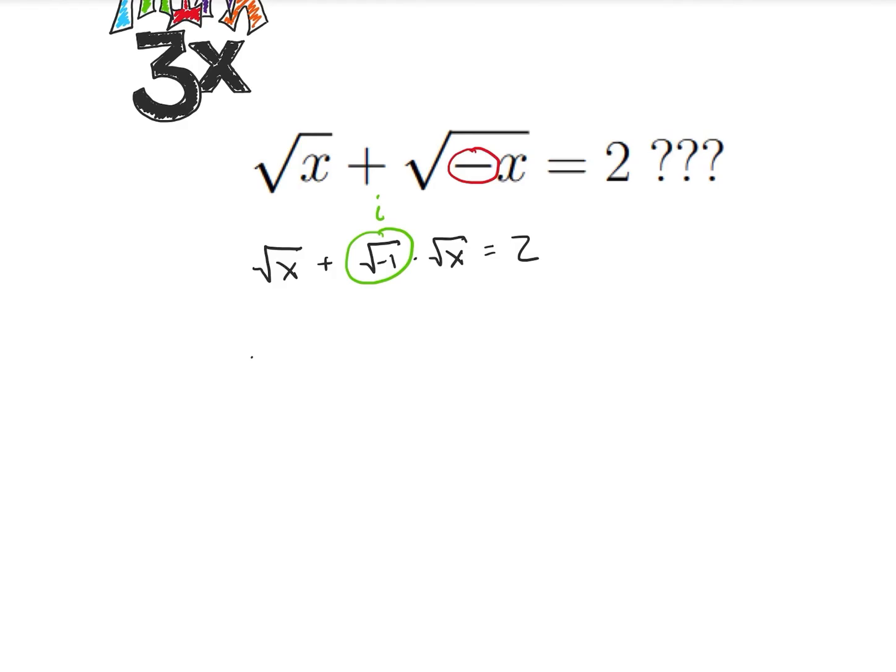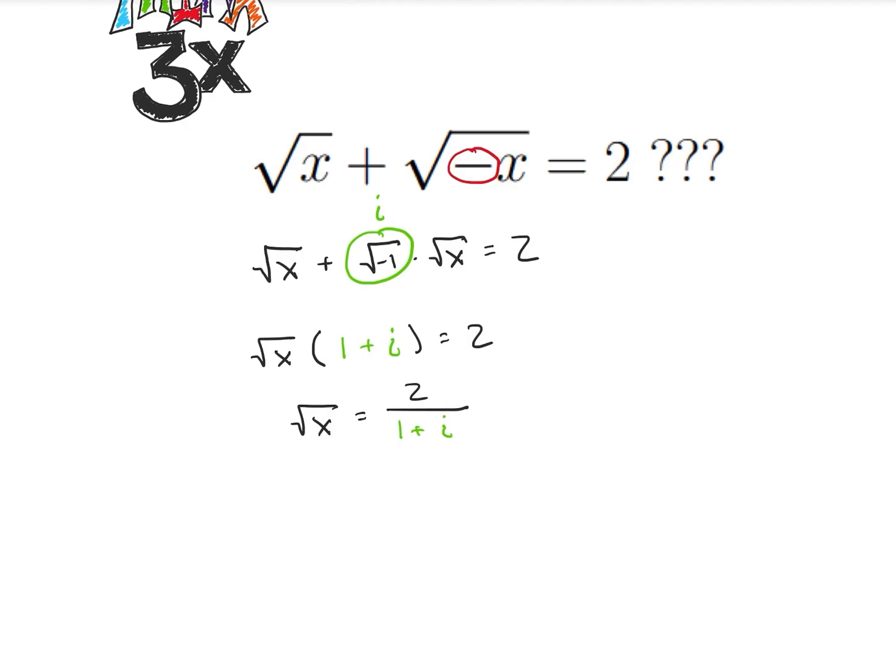So I'm going to write that now as root x times (1 plus i) is equal to 2, which means that root x is equal to 2 divided by (1 plus i). Okay, and now I can do something here.